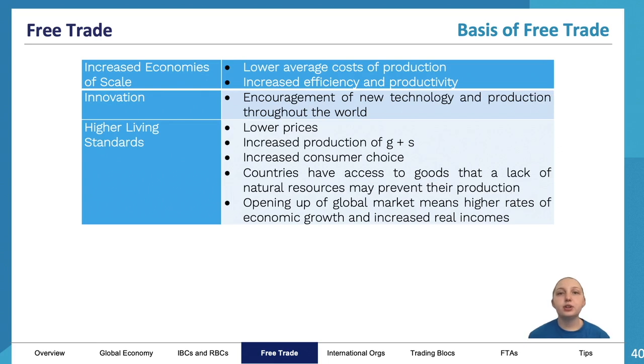For example, countries like Australia can produce a lot of, say, coal and oil, but other economies that lack access to those natural resources, because geographically they just don't exist in that area, now have access to those resources. And opening up of global markets also means higher rates of economic growth and increased real incomes as well.